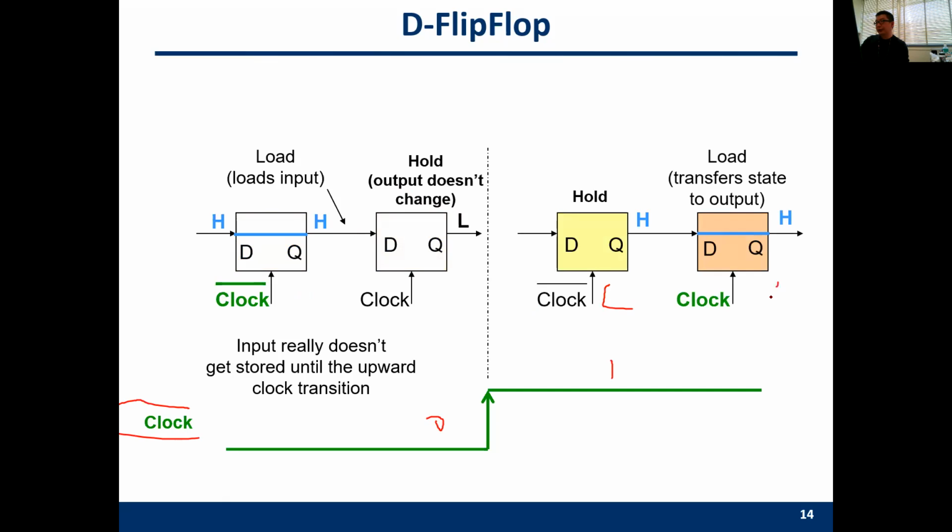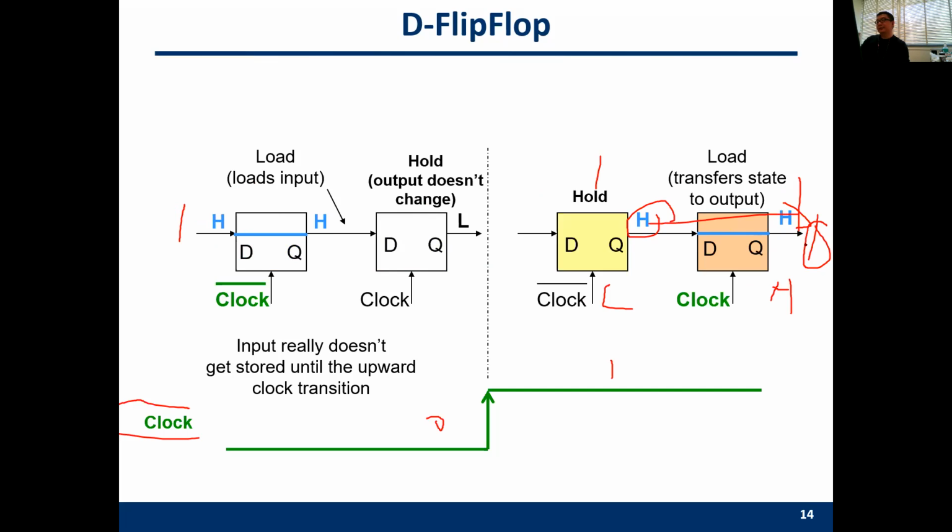This is low, and this is high. When this clock is low, it's just hold. It holds what? The value from the previous cycle, which is 1. So I have a high here. And then this is transparent. This high will be passed through this gate to here. This is 1. So in this way, I just load the 1 I wrote here into this D latch and then into this D latch. Eventually, I get the 1 here at the output.